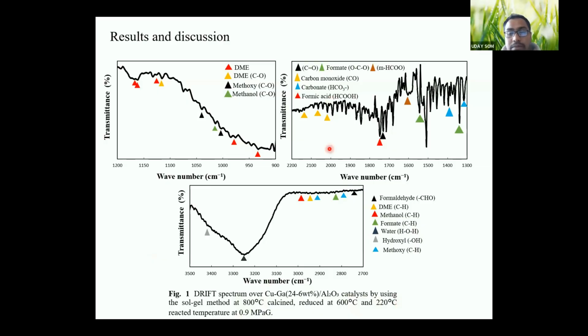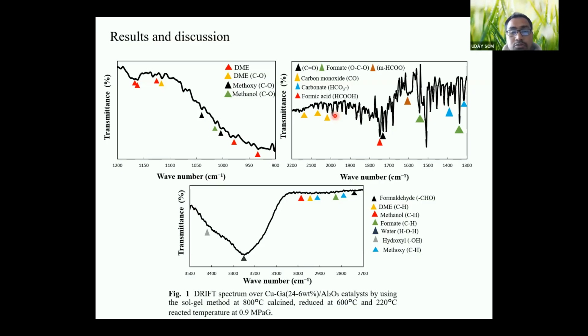If you look at the wave numbers around 939, 979, and 1129, they represent DME stretching. There are some noise peaks. The absorbed peaks of formate, carbonate, and carbon monoxide are shown at 1337, 1385, 2032, and 2075.